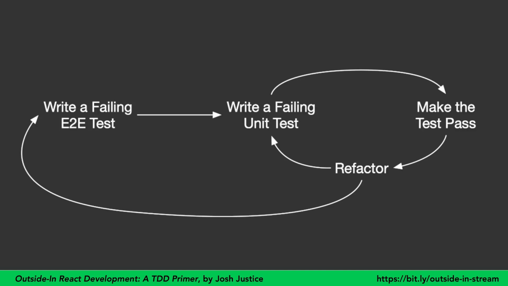So the end-to-end test guides you step by step through multiple unit tests in order to get the end-to-end test to pass. So after each inner loop, if the end-to-end test is passing, great. Otherwise, the end-to-end test tells you the next step, the next behavior of your app to get working. And this is a great way. A lot of times folks wonder how many end-to-end tests, how many unit tests should I write? And this approach gives you a great way to know how to make them work together to get the strengths of both.